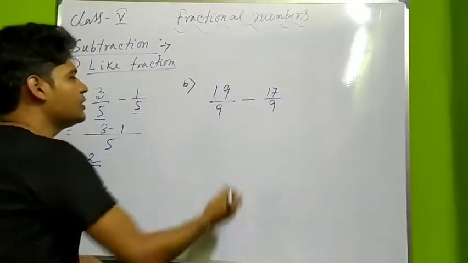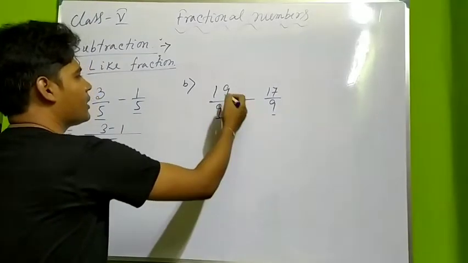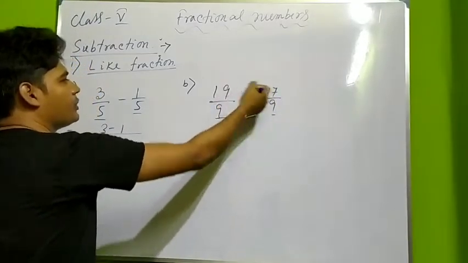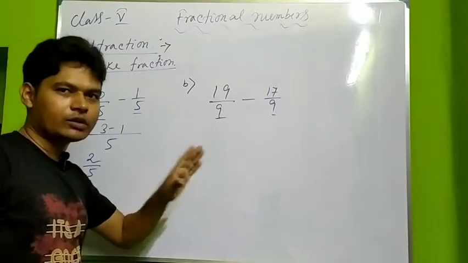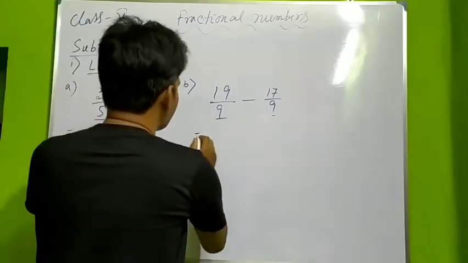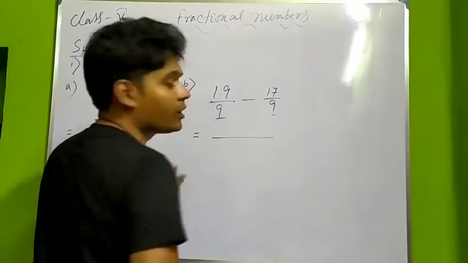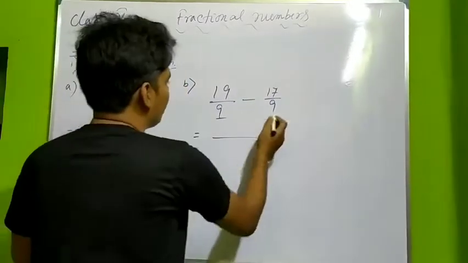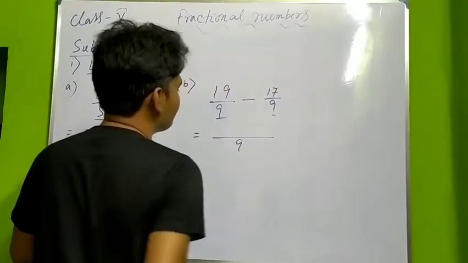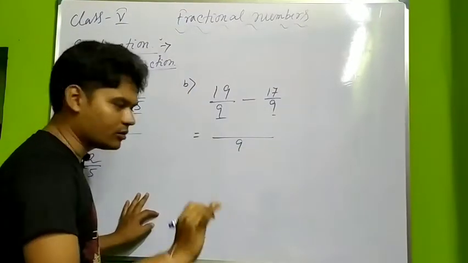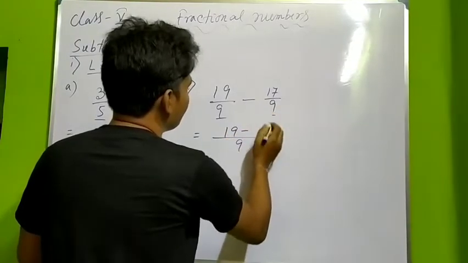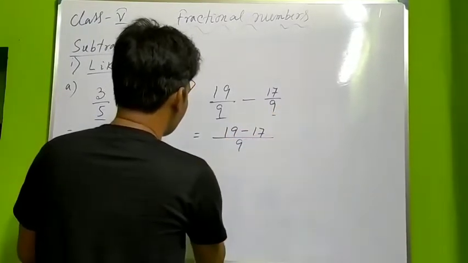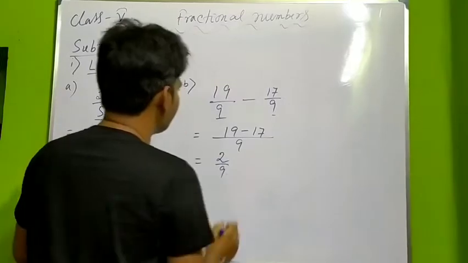As you can see, these are also like fractions, but the numerator of both these fractions is greater than the denominator, so they are improper fractions. As we know, for like fractions we write down the common denominator at first in the lower portion, then you simply subtract the numerators, so we get 2 by 9.